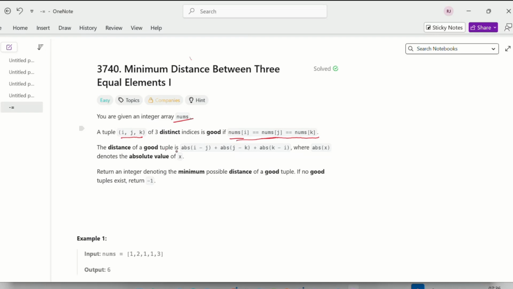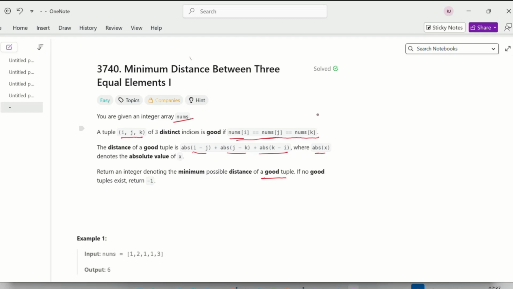And the distance of a good tuple is the absolute difference of i and j, plus the absolute difference of j and k, plus the absolute difference of k minus i. We need to add all these absolute differences of the indices, where abs is the absolute value, and return an integer denoting the minimum possible distance of a good tuple. If no good tuple exists, we return minus one.